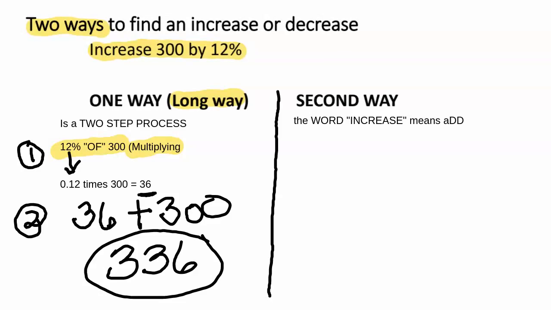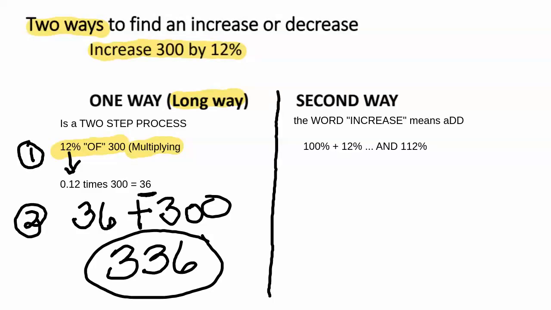Unlike the first process, because of the word increase, we are going to add percents. This is taking 100% plus 12%, and we get 112%.